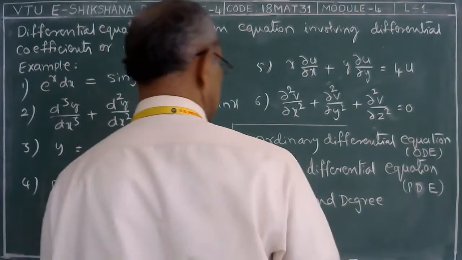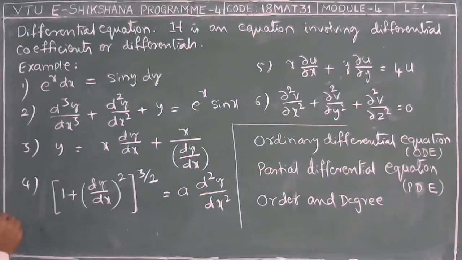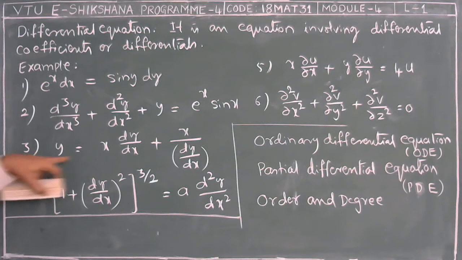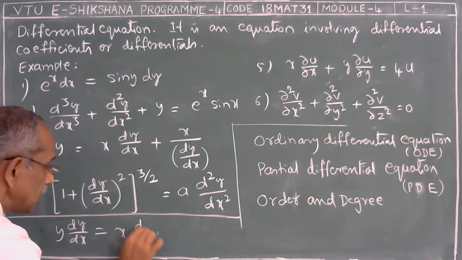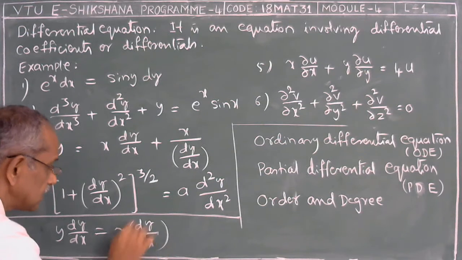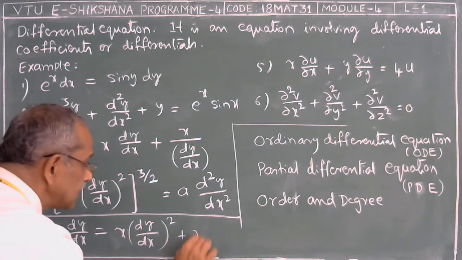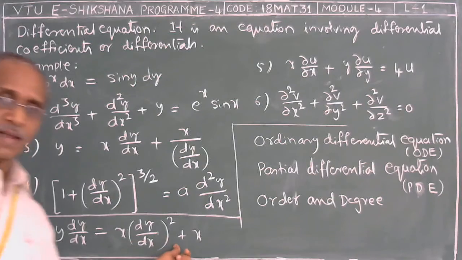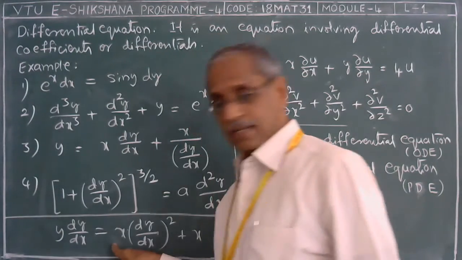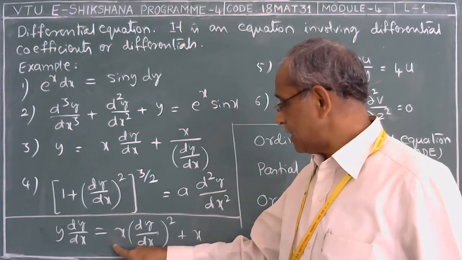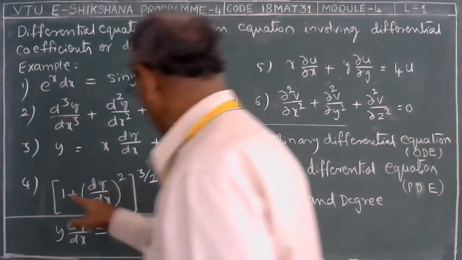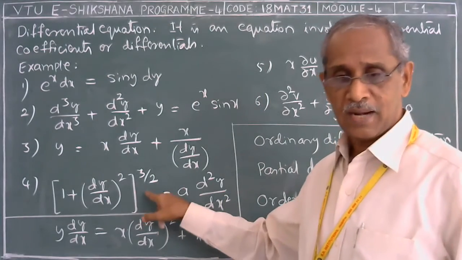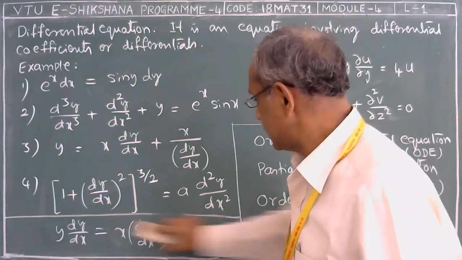So multiplying throughout by dy by dx, you get y into dy by dx is equal to x into dy by dx the whole square plus x. Now this is free from fraction, and this is an example of an ordinary differential equation of order 1 and degree 2.